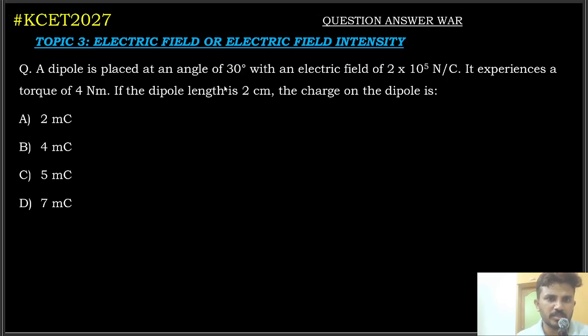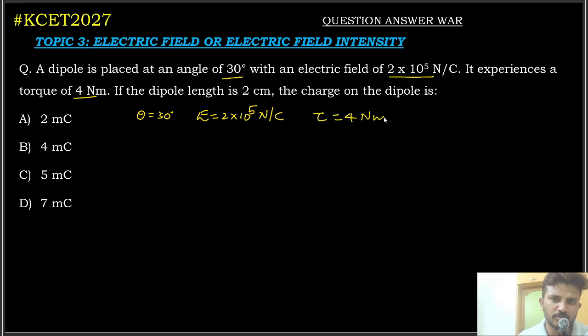A dipole is placed at an angle theta equal to 30 degree with the field E equal to 2 into 10 to the power 5 Newton per Coulomb. It experiences a torque of tau equal to 4 Newton meter and the dipole length is given, you can take it as 2a, 2 centimeter, 10 to the power minus 2 meter.